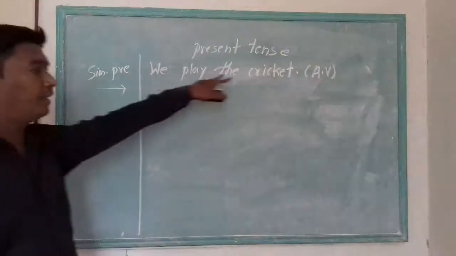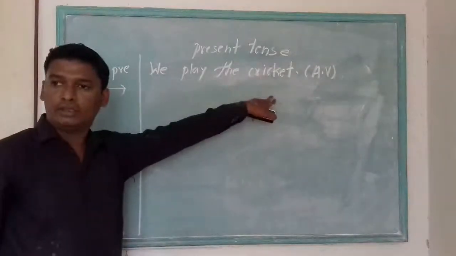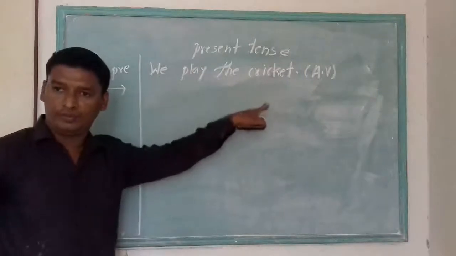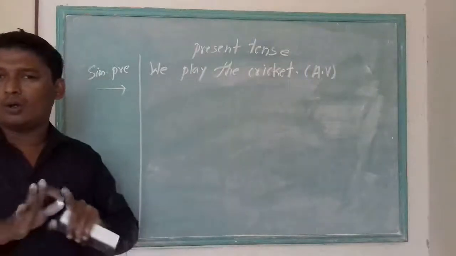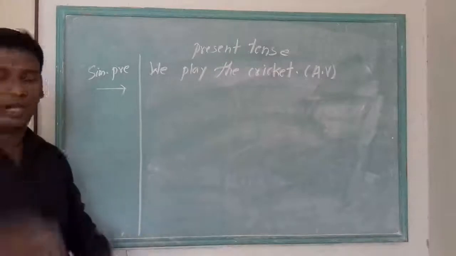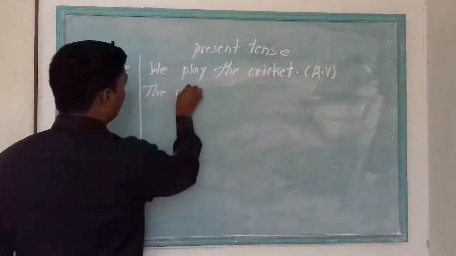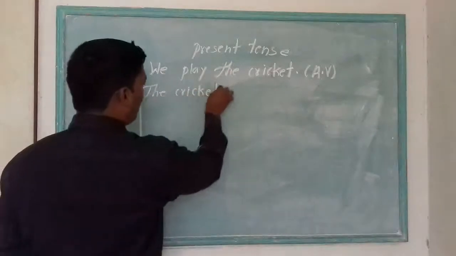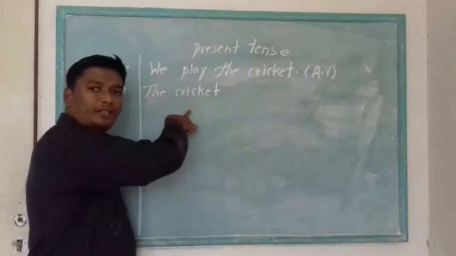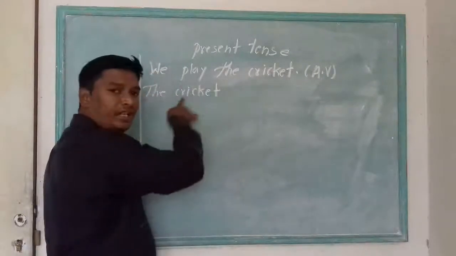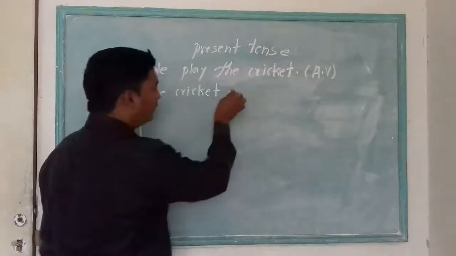We play the cricket, it's AV, and it's in simple present. We have learned how to convert into PV and I have given all the rules. According to that rule, first take the object, after the object write the proper auxiliary verb according to the tense and the number of the subject.